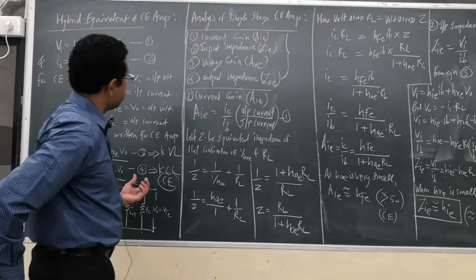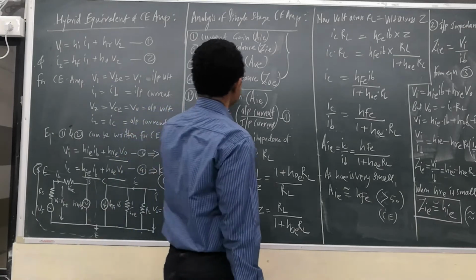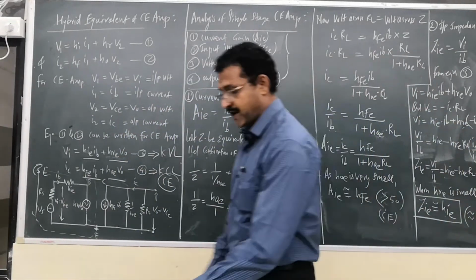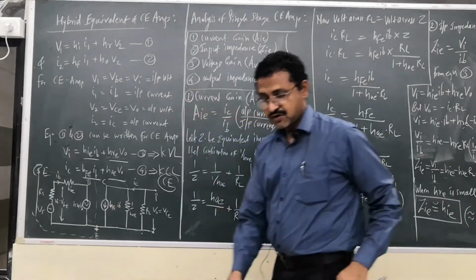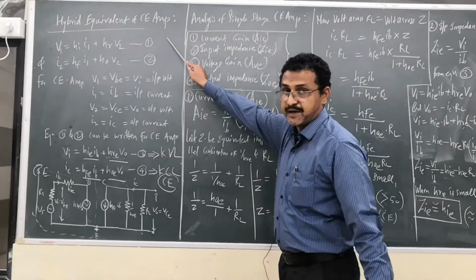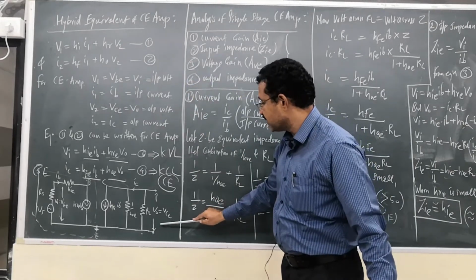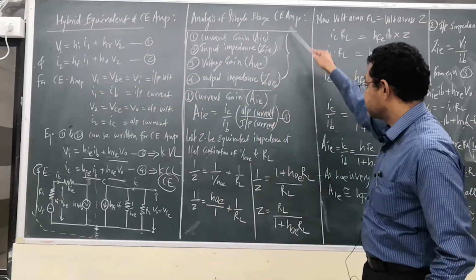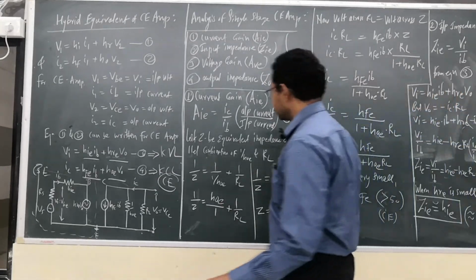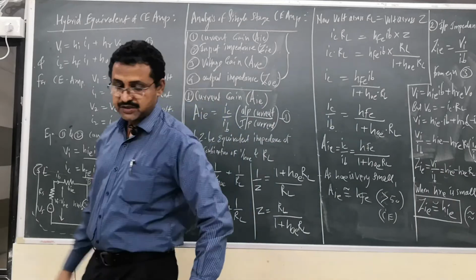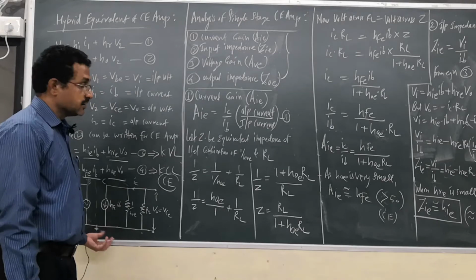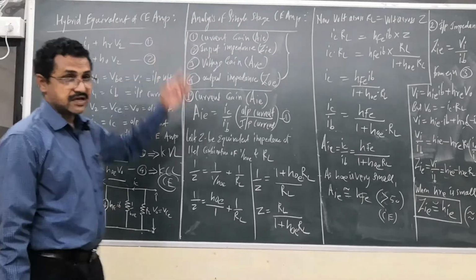Whenever there is a question of analysis of a single stage CE amplifier, you must always draw the hybrid equivalent model first, because from this model you analyze the single stage CE amplifier.